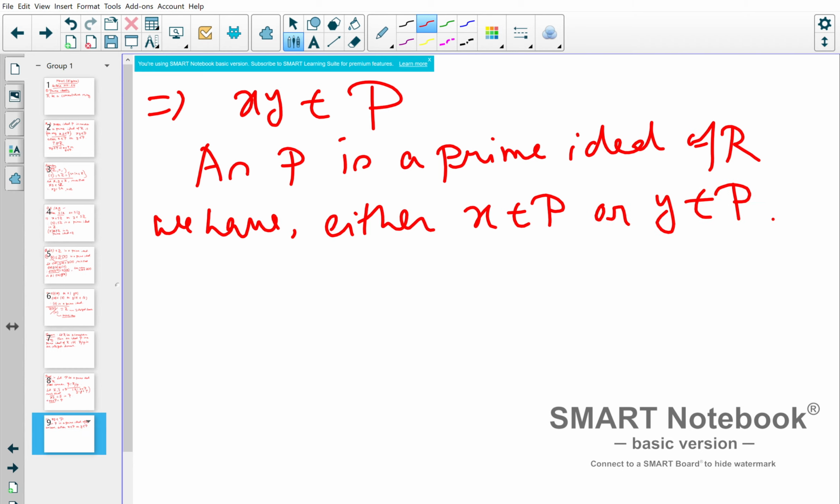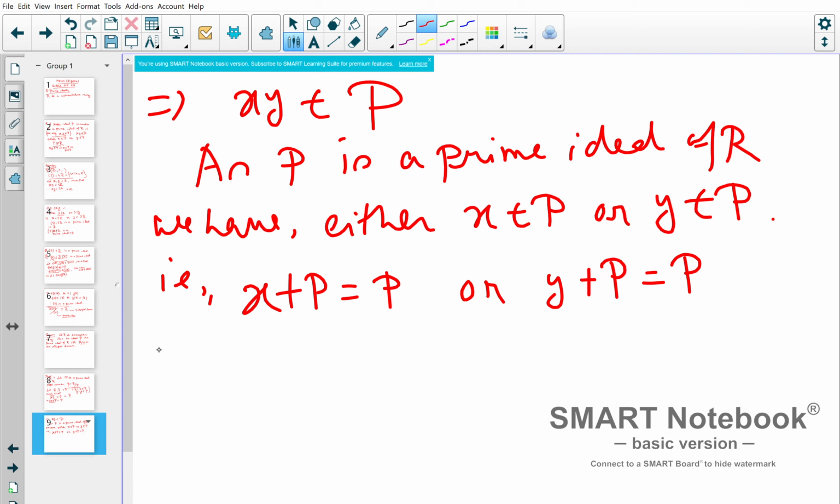Prime ideals. So what does that mean? Either x plus p equal to p or y plus p equal to p, right?